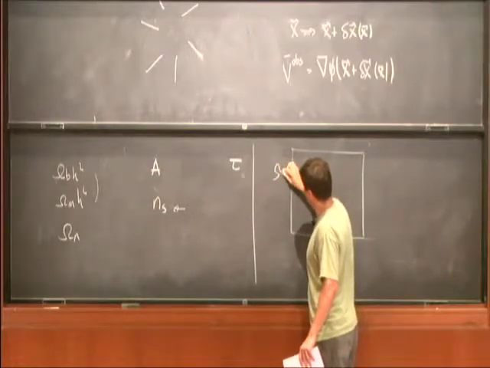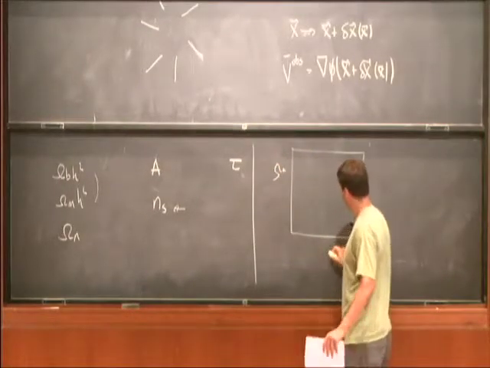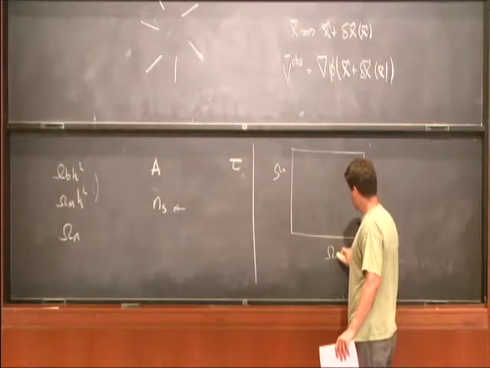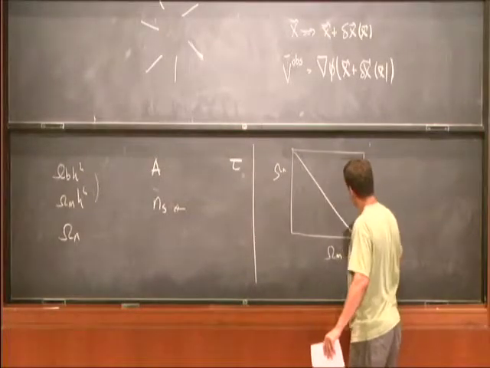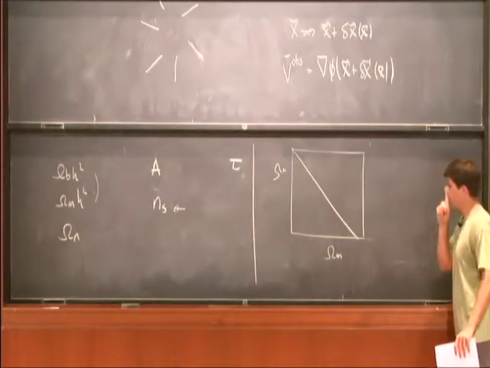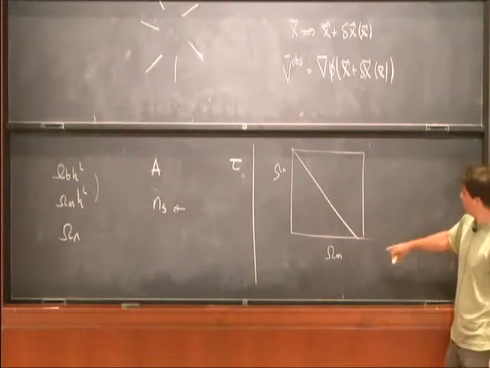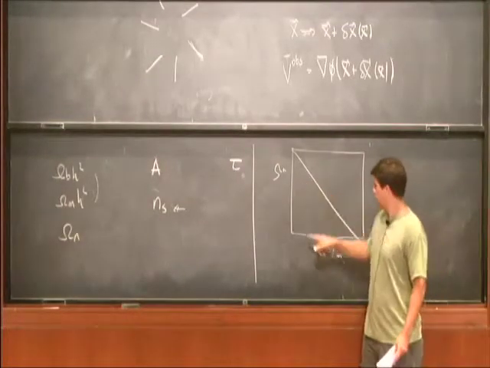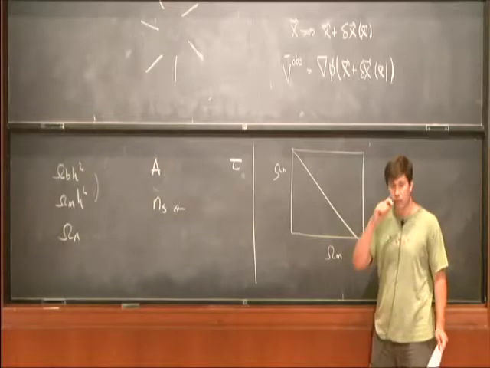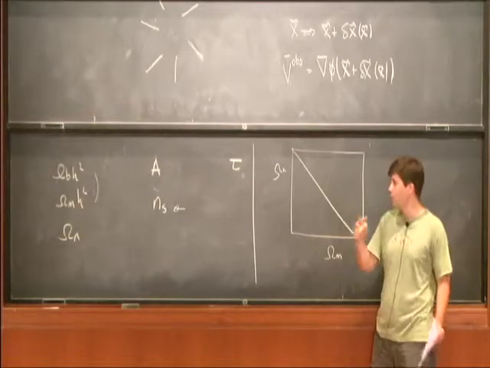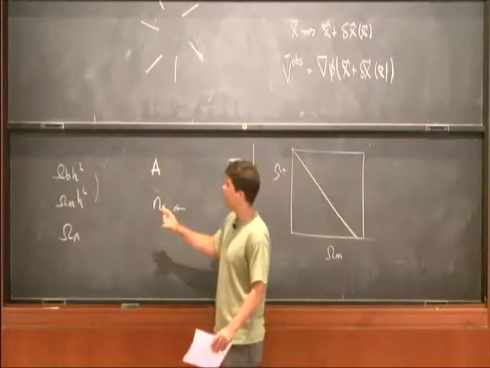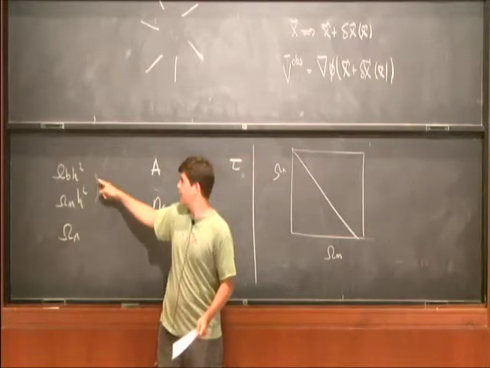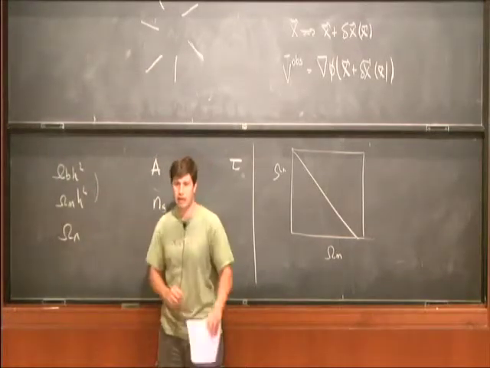So if you have omega lambda, I gave you a plot in this handout at some point, and omega matter, and this is a flat universe, okay? They both sum to 1. So as you change omega matter and omega lambda, you change the distance to the last scattering surface. So for a fixed physical distance of the horizon at the time and so on, you would change the angle it subtends.